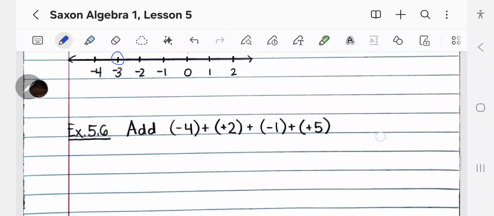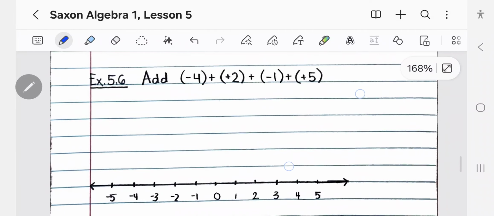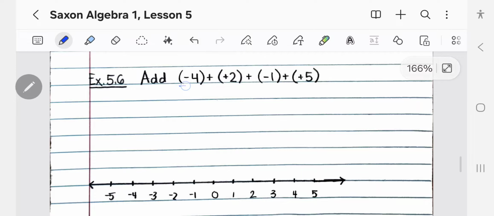Example 5-6. Oh wow, we're getting longer here. We're still going to start at the origin. We're going to go to the left 4. And then we're going to go +2. So 2 to the right. And then left 1, negative direction 1.